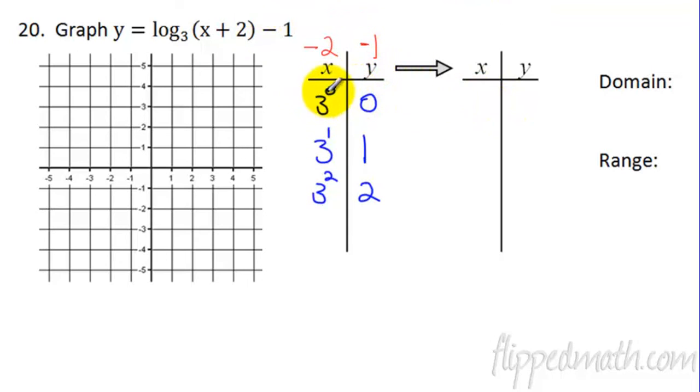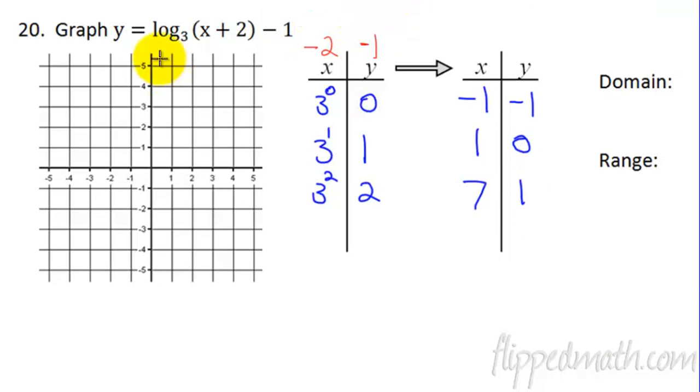So this is a 1, and then we subtract 2, you get -1. This is a 3, you subtract 2, and you get 1. This here is a 9, subtract 2, we get 7. And now we take these values, 0, 1, 2, and subtract 1 from each of them. And it becomes those.